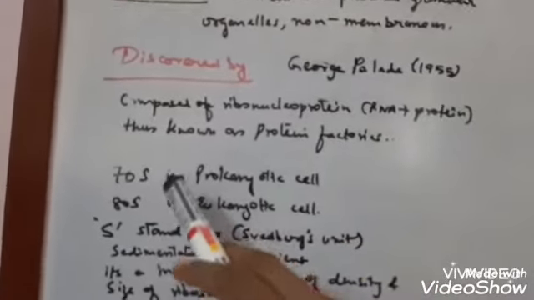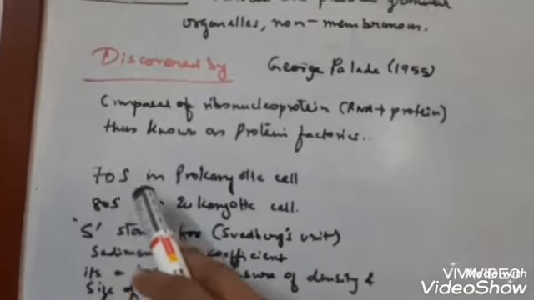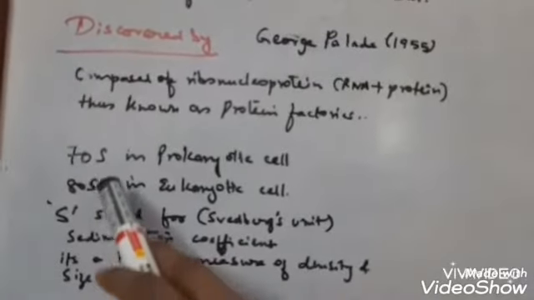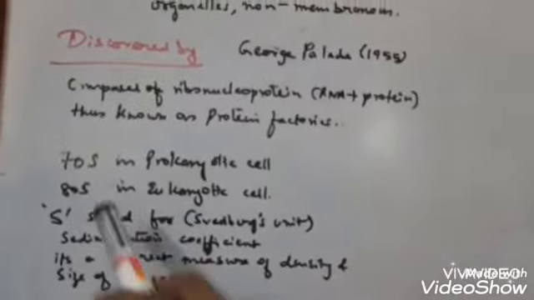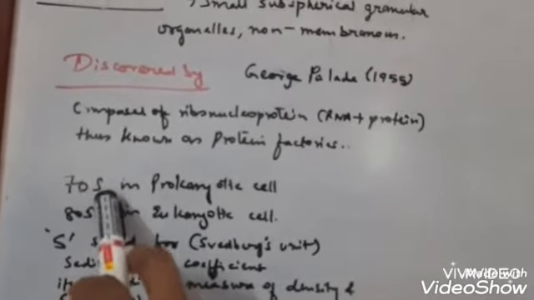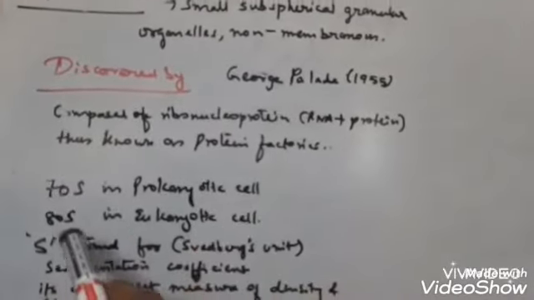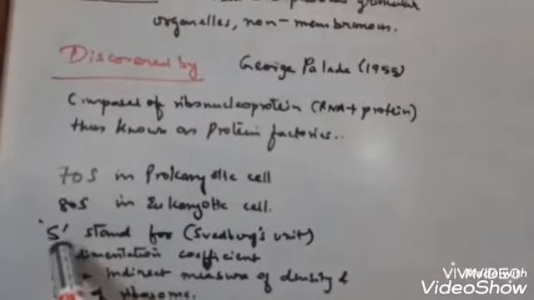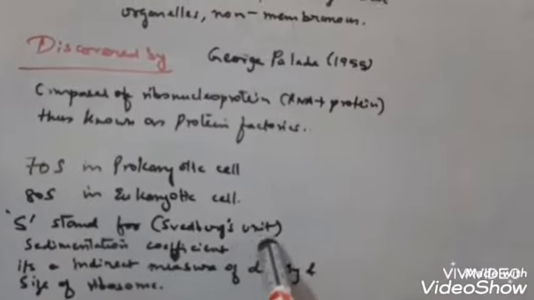Now you have studied in class 8 about 70S and 80S ribosomes. What does S stand for? 70S is found in prokaryotic cells and 80S ribosomes are found in eukaryotic cells. Many of you wonder what S is. S stands for Svedberg unit.